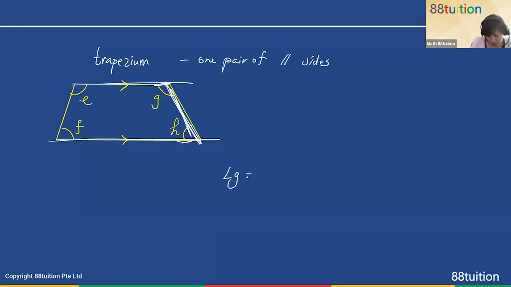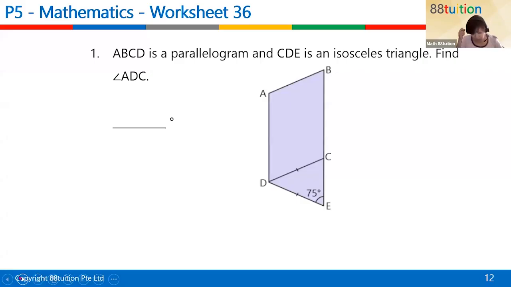G plus angle H. What else? E plus angle F. Okay. So these two add up to be 180 degrees. Okay. So let's go on.